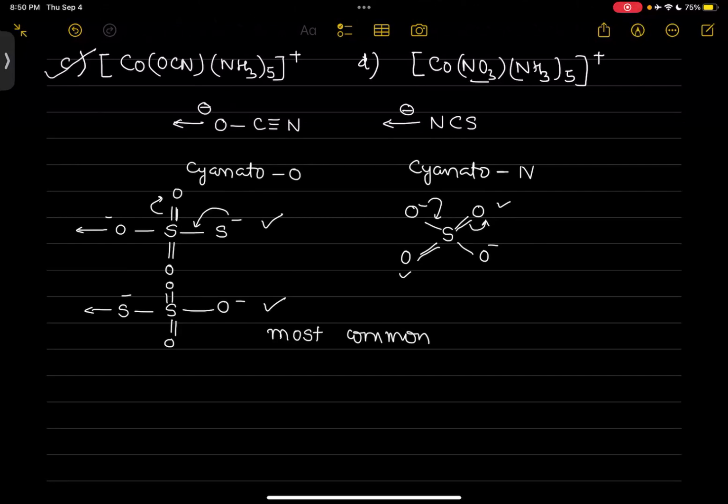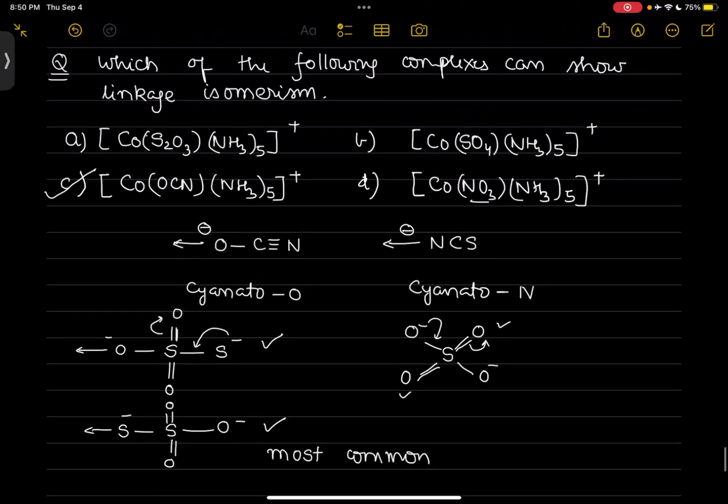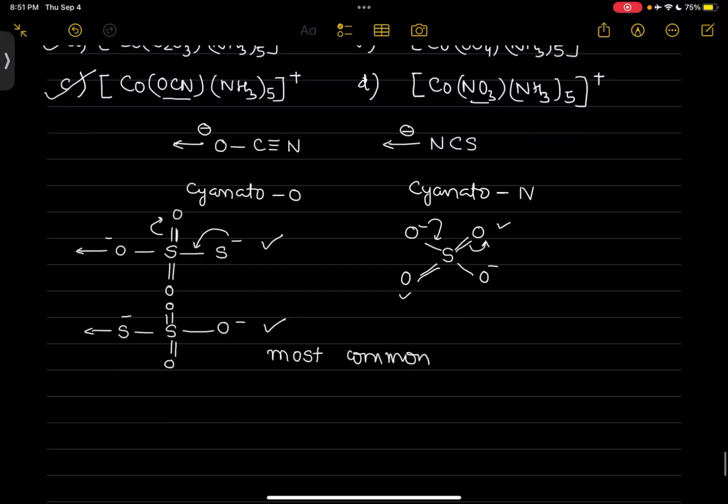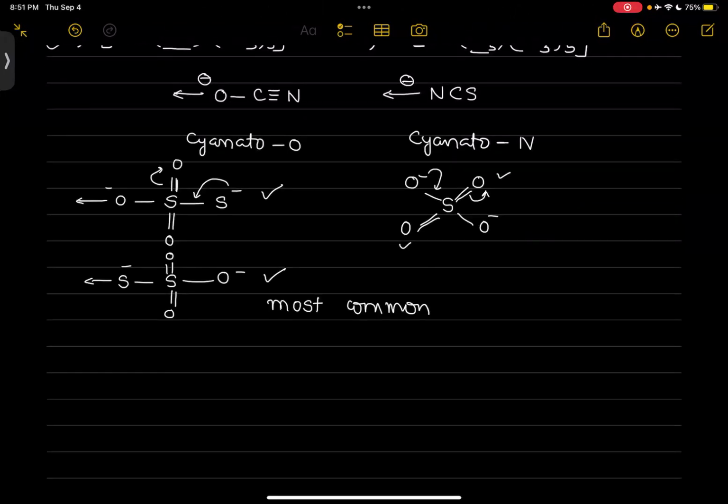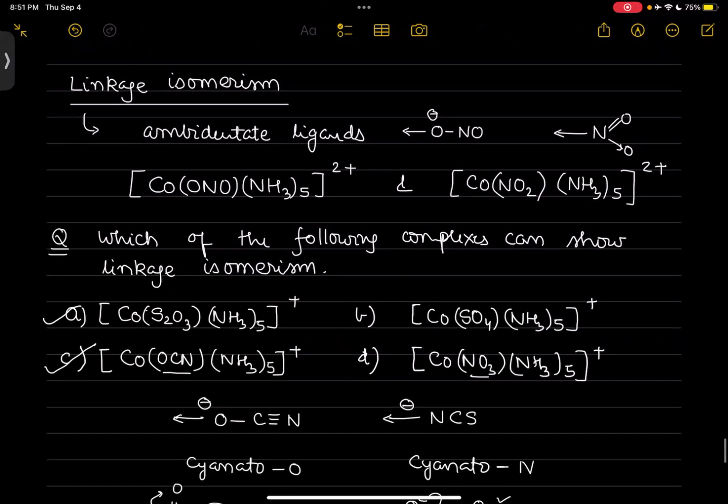But if they ask you in detail where thiosulfato is the only option and other options are not matching, take thiosulfato. If it is more than one correct, then A and C will become the answer. If it is single correct, assume the most common form is connecting through S only, right? So these are some of the examples of linkage isomerism.